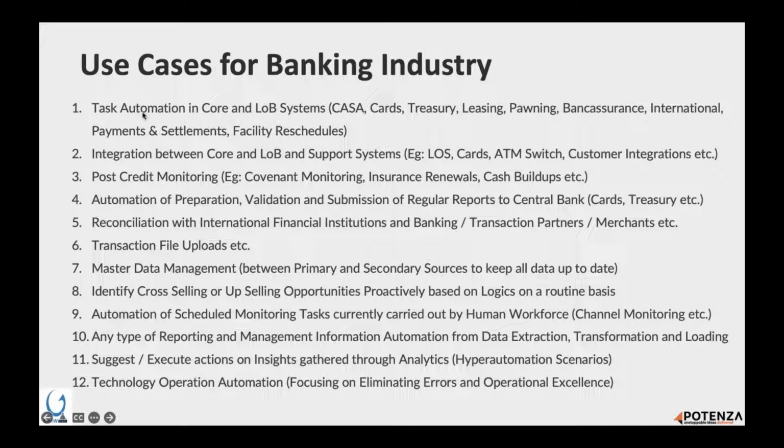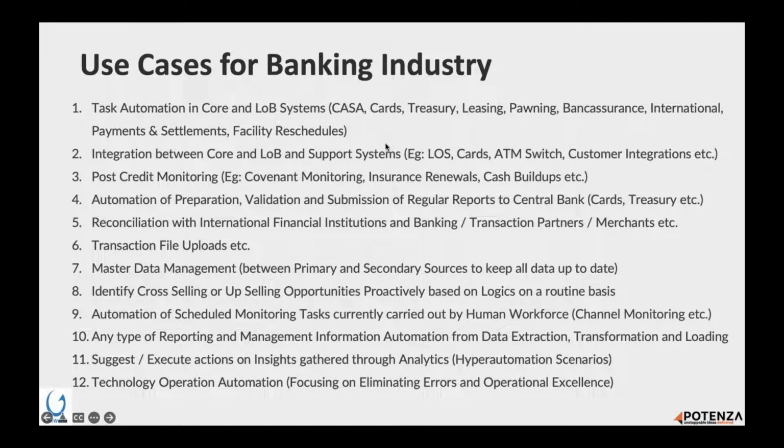We've done a lot of task automation work in core banking and line of business systems, involving current and savings accounts, cards, treasury, leasing, pawning, bancassurance, international transactions, payments and settlements, and facility reschedules, etc. If you look at it, you involve a core banking system or a line of business system. It could be cards, it could be an ATM switch, it could be any system.